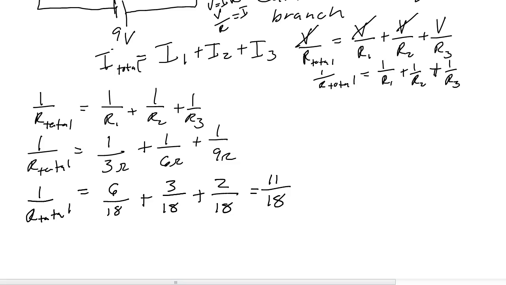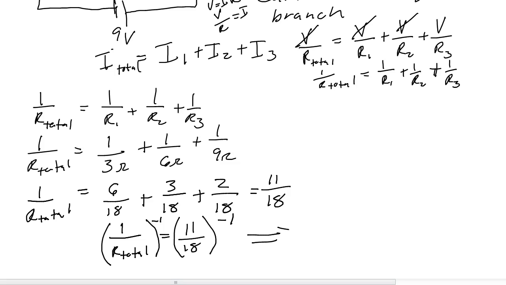Okay, but we're not done yet. So what we've found is that 1 over R total is equal to 11 over 18. We don't want to express our resistance as 1 over R total, and so I'm going to take the inverse of each of these in order to get an answer.